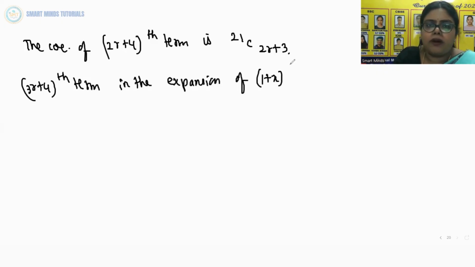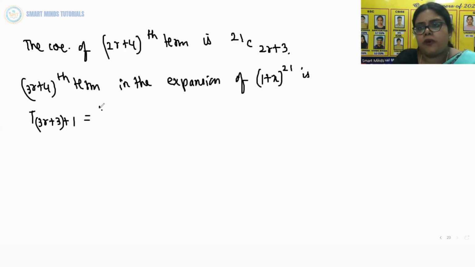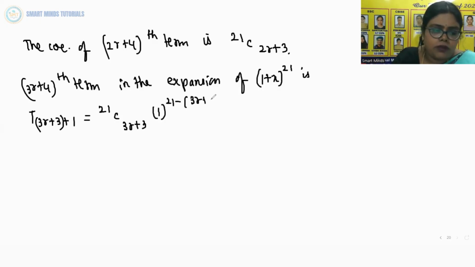And now let us find out the (3r plus 4)th term in the expansion of (1 plus x) whole power 21. Again 3r plus 4 we can write as 3r plus 3 plus 1. Now we take r as 3r plus 3. That is, we are expanding in the general form, nCr x^(n-r) a^r. So 21C(3r+3), 1 power 21 minus (3r plus 3), x power 3r plus 3.